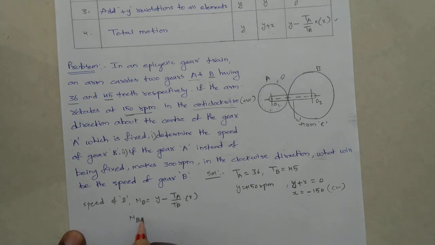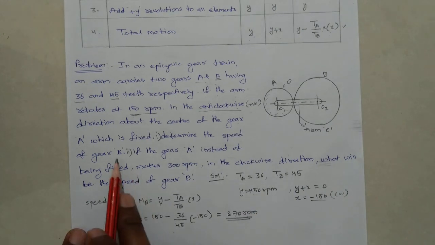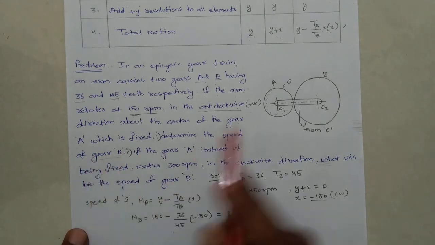NB is equal to, what is the y value here? We have y is 150, minus, TA we have 36, TB we have 45, and x we have minus 150. So minus into minus becomes plus, and we get 270 RPM. This is the first solution, that is the speed of gear B if A is fixed.